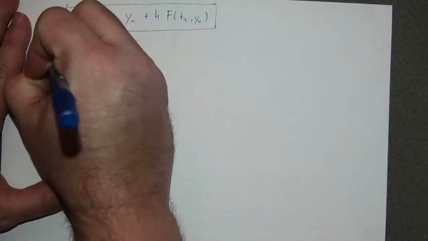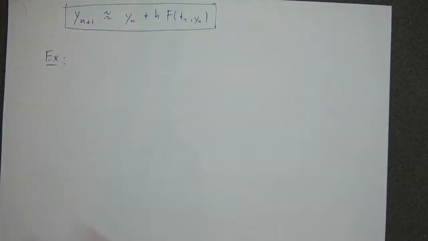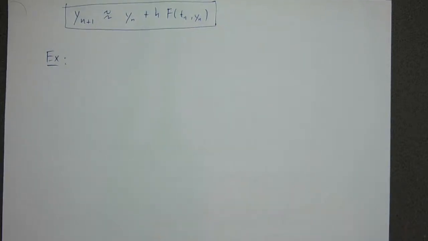Let's do an example of how this works. Once you've seen one of these examples, you've pretty much seen all of them, because you're going to be doing these by hand. You will be implementing Euler's method using MATLAB in one of the MATLABs later.